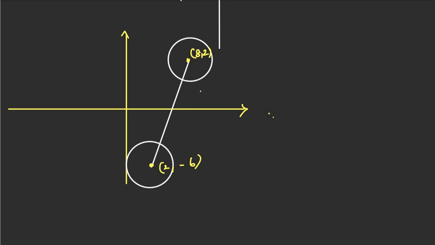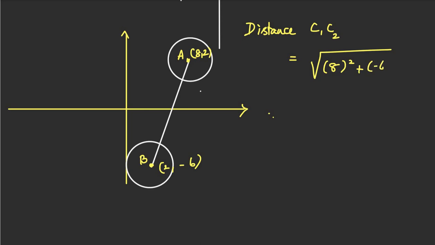Let us take these to be the points A and B. Now we are asked to find the distance between the two centers A and B. So what will be the distance between the two centers, that is C1 C2, will be equal to root of 8 the whole square plus minus 6 the whole square, which is equal to root of 64 plus 36, equal to root of 100. So that will be equal to 10.